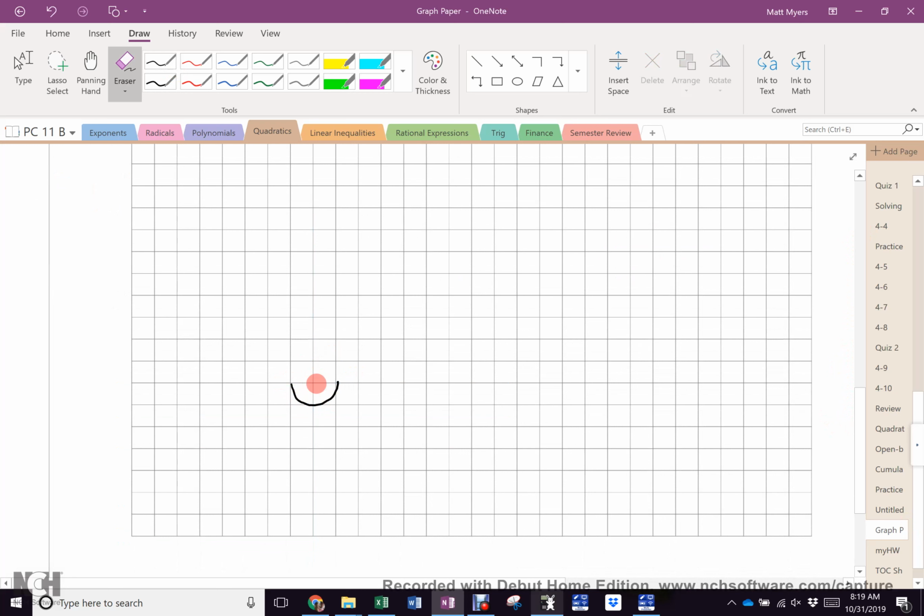A circle has a constant curve. It's always the same curve. That's why it's 1 all the way around. But a parabola is not a constant curve, is it? It goes over 1, up 1, then over 2, up 4.